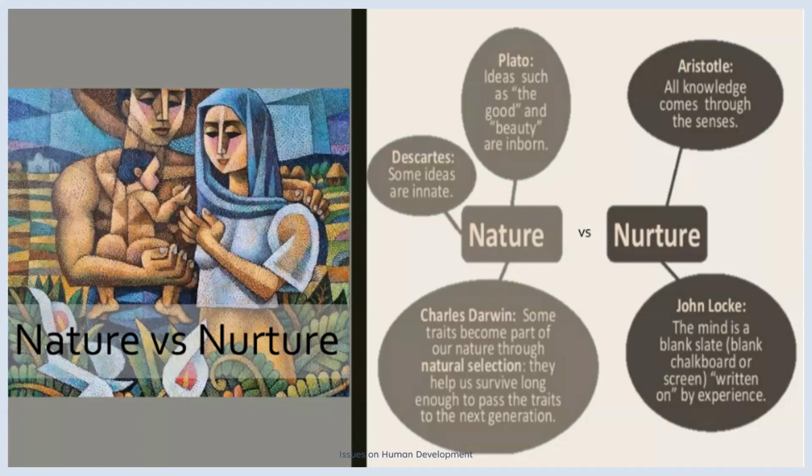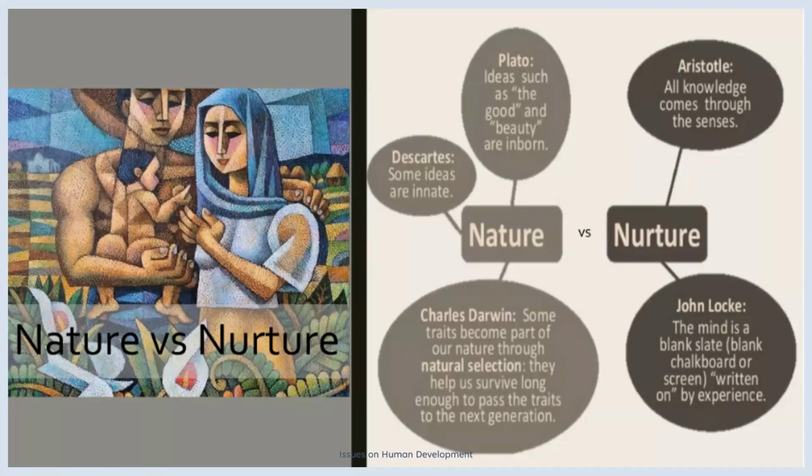Okay. So as you see here, from nature, we have some philosophers who are advocates of nature. We begin with Plato. His ideas such as the good and beauty are inborn, meaning it's innate. That an individual or a child has its good and beauty which are inborn.